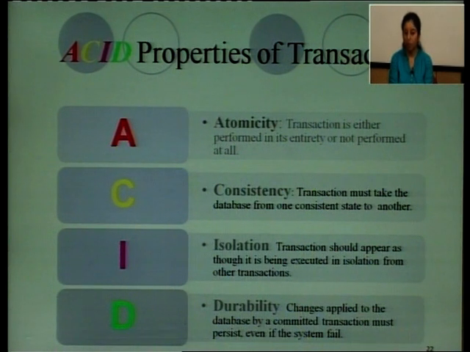And the D, durability: the changes applied to the database by a committed transaction must persist even if the system fails. These are the 4 important properties of transaction processing, known as the ACID properties.